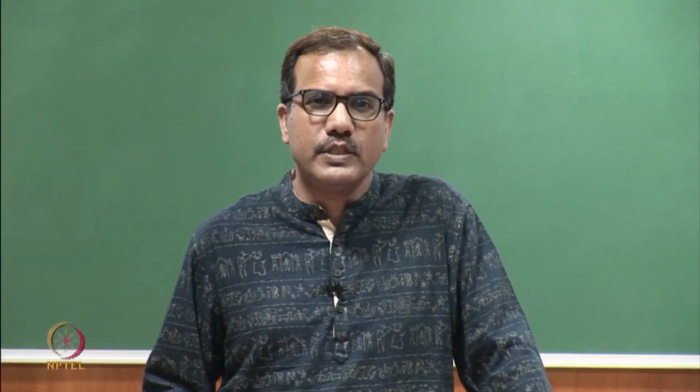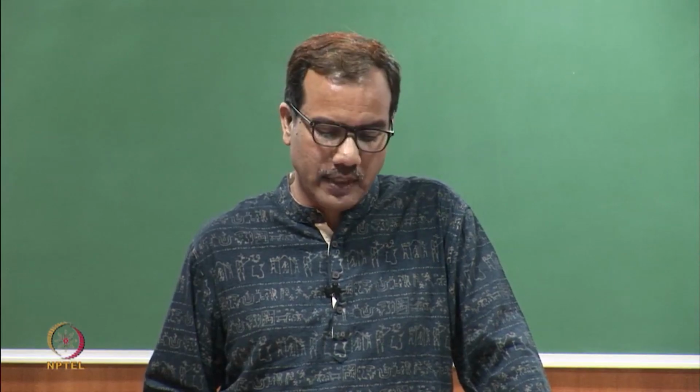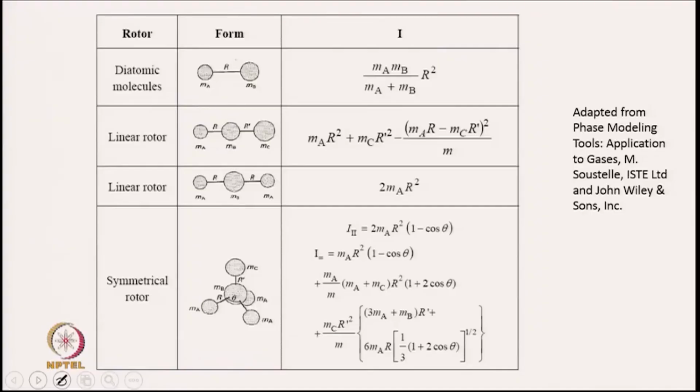Now this is for a diatomic molecule. But for other kinds of molecules, I is not a simple function of R, it is a function of two different distances or one distance and an angle, and this is basically given here.